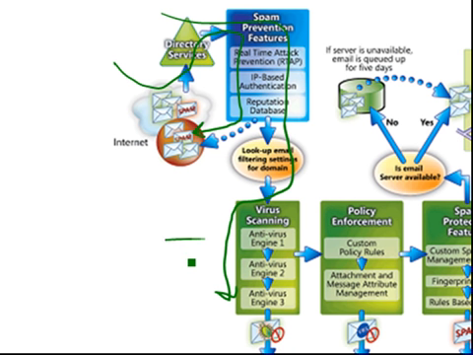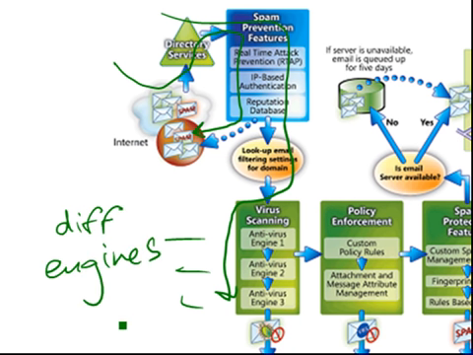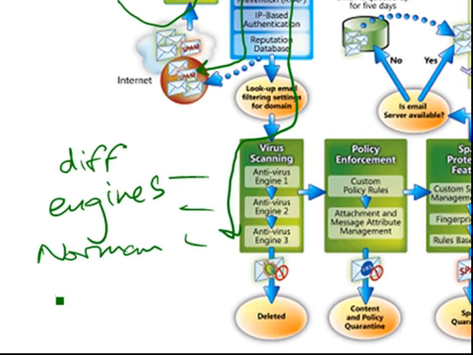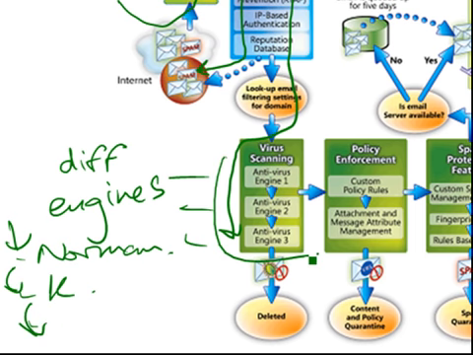Now the nice thing about this is, notice that we've actually got a number of different antivirus engines. Alright, so what can happen here is that you might have, whatever, Norman, Kaspersky and something else. So the point is that you can have multiple engines that it's got to get through, and if it gets through that one, it's then got to get through that one, and then that one, before it's allowed through.